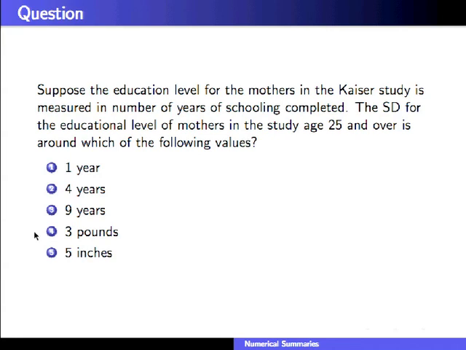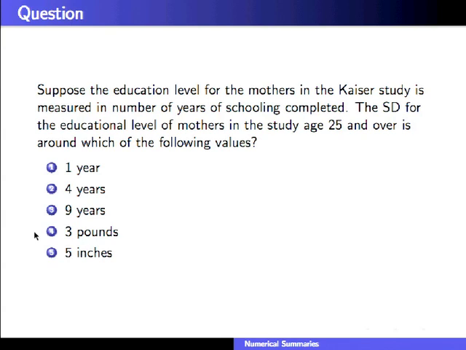So the SD says roughly how far away a typical value is from the mean. So could it be 9 years? What do you think a typical value is? Anywhere from like 12 to 16? And if it were 9 away, you'd be going up to like 20-something, and you'd be going down to 7 or something.